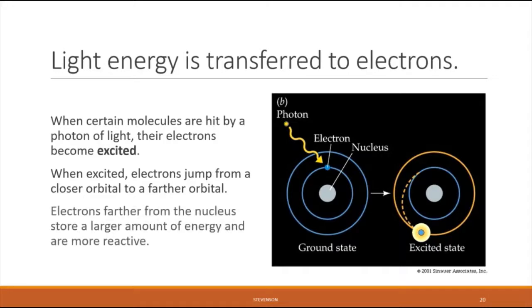And this is because electrons that are farther from the nucleus store a larger amount of energy and are more reactive compared to the ones that are held in close quarters to the nucleus itself. So this is how energy of light can be captured by a physical molecule.